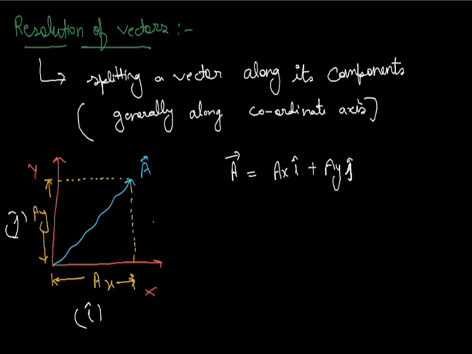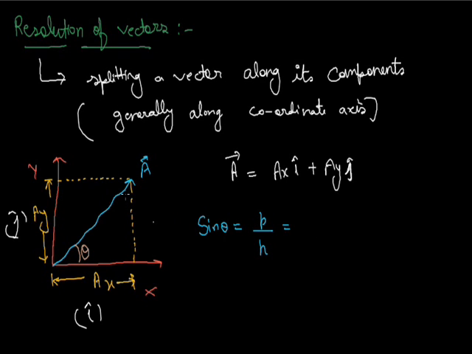Now let us consider this angle theta. We know sin theta is equal to perpendicular divided by hypotenuse.